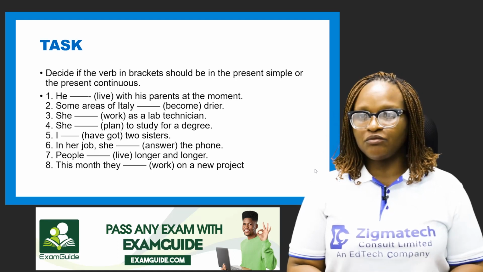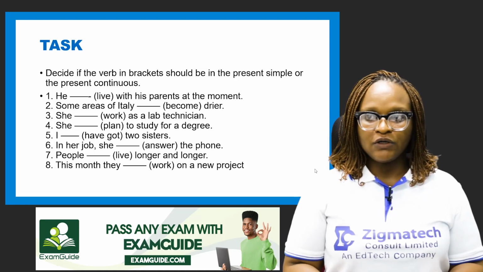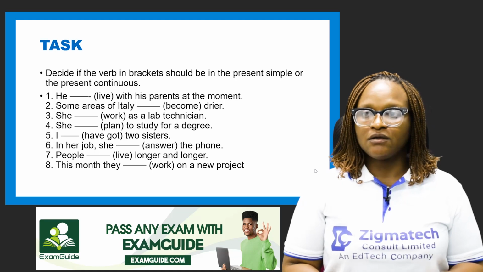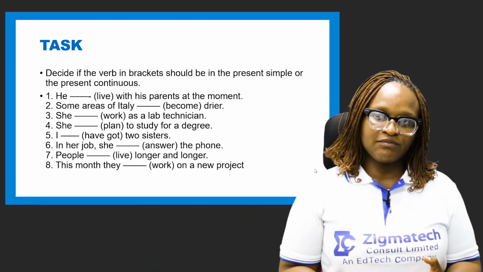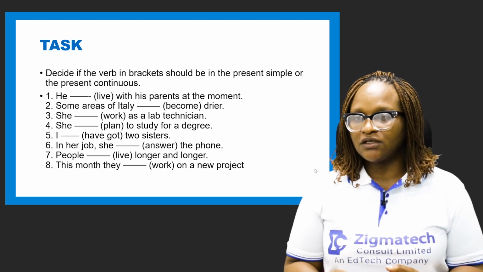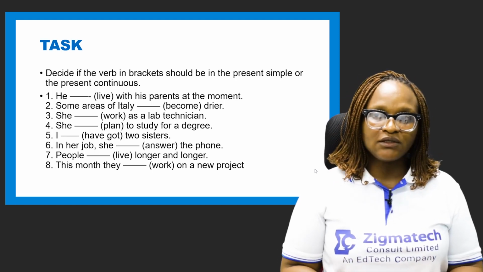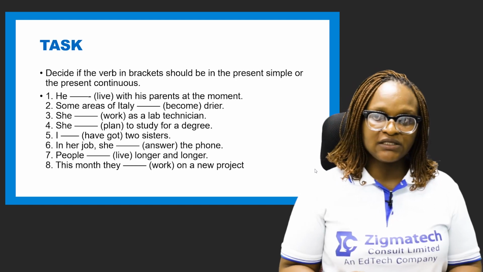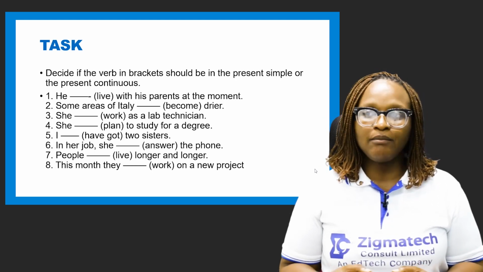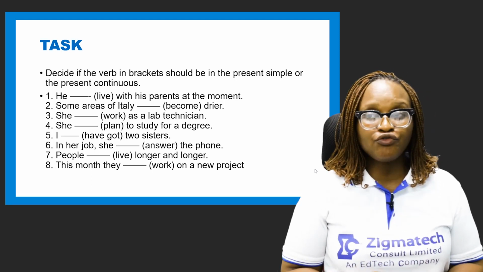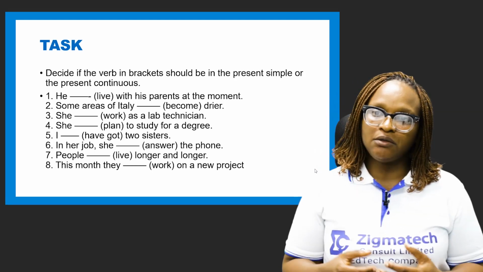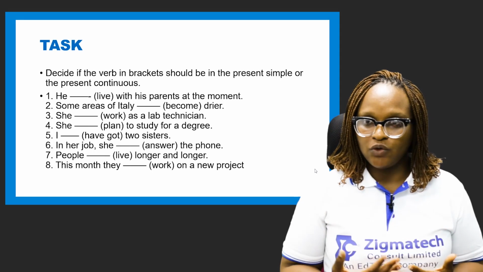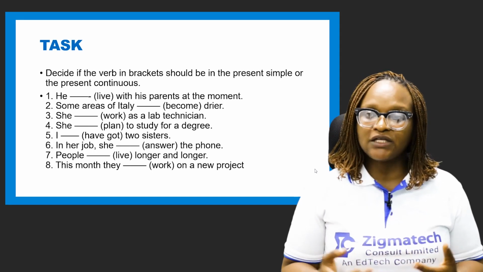Remember, present simple for singular subjects, you will now have she smiles, she sings, he cooks. There must be an s for present singular. But if it's plural, the verb will retain the word that is there.